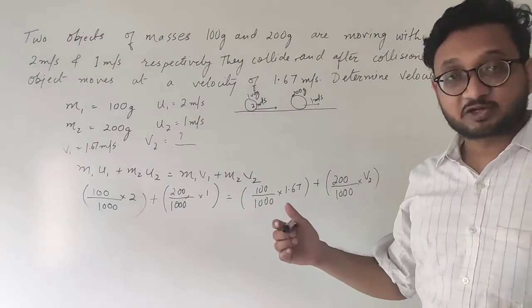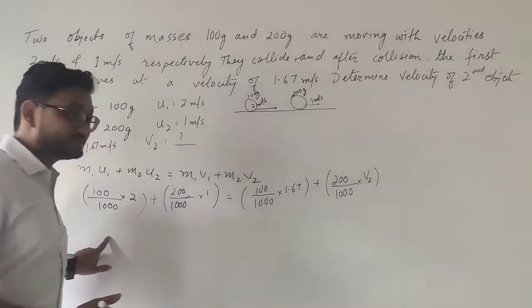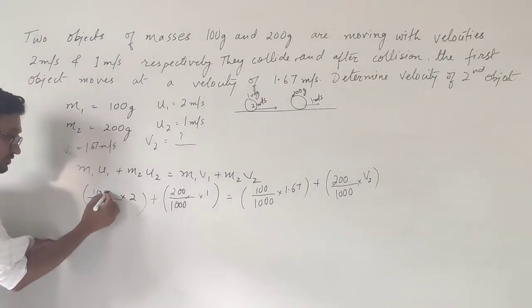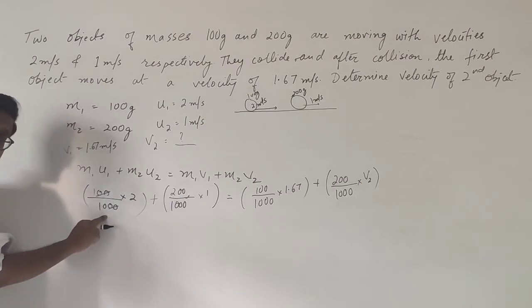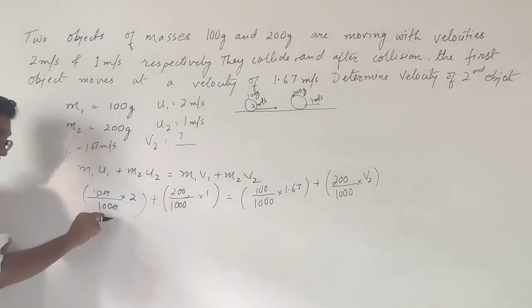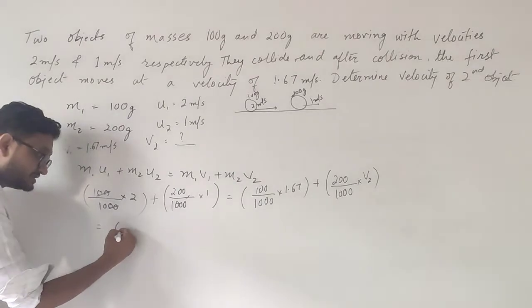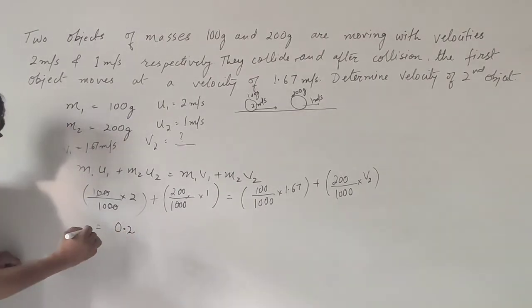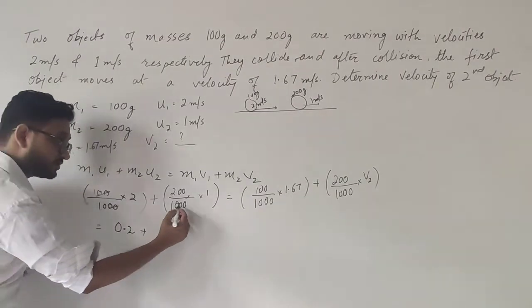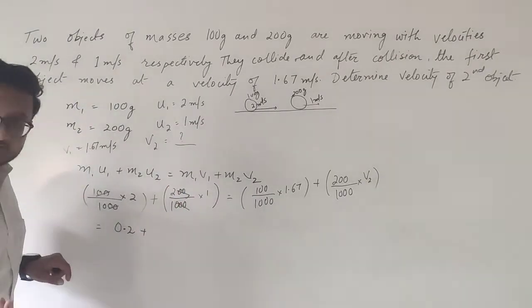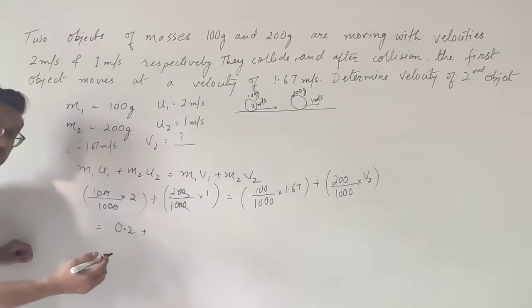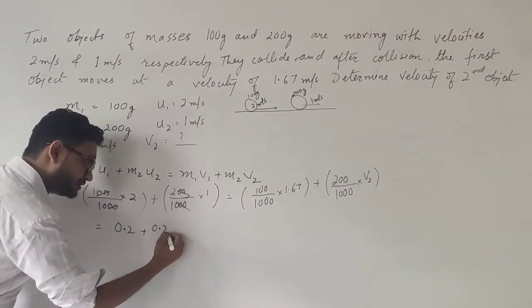Now we simplify this equation, which is quite easy. Okay, so two zeros get cancelled over here. So we have 2 into 1 upon 10. So 2 into 1 is 2 upon 10. So what you get is 0.2. Okay, plus once again over here 2 upon 10. Any number multiplied by 1 is the number itself. So 2 upon 10 is once again 0.2.